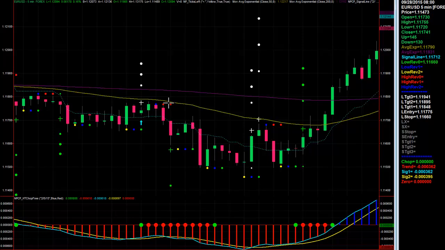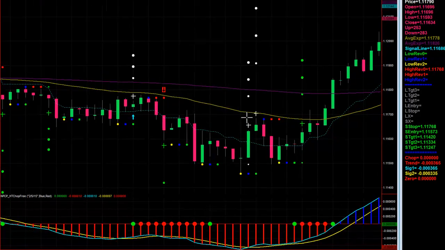And notice the short setup right here, and that one does trigger in, and it doesn't quite go far enough down. And then it turns around and you actually get a long signal to stop and reverse. Now remember what I said, that you want to move your entry up a little bit, try to protect the trade you're in, but respect the fact that the market could be turning.